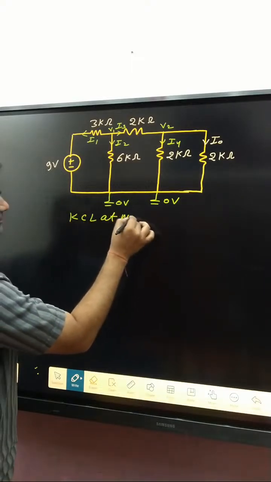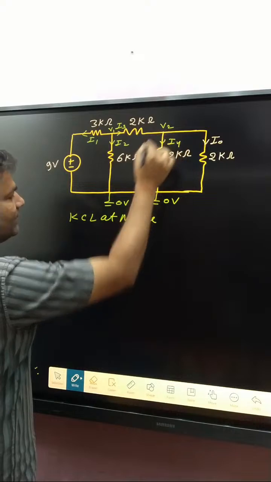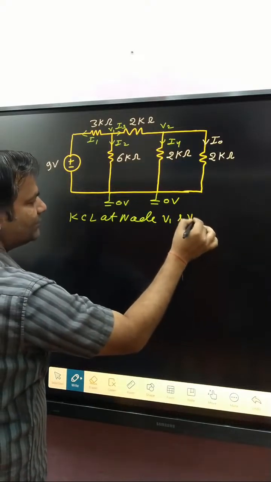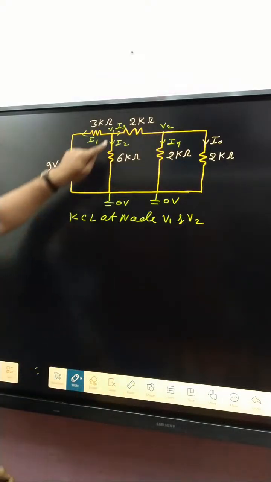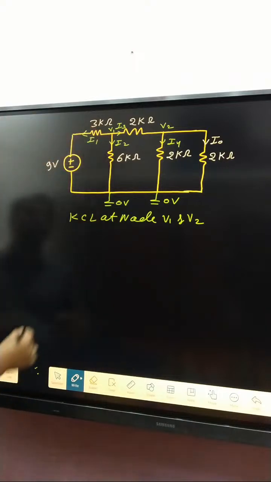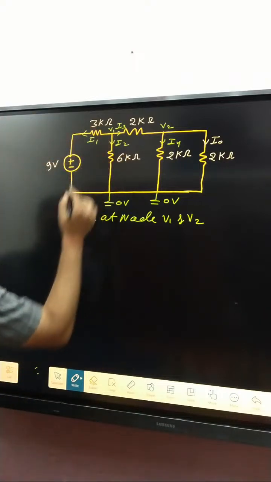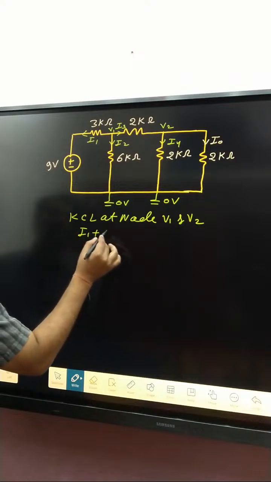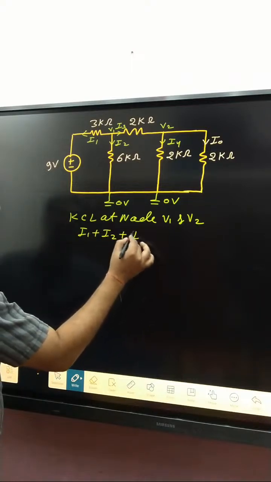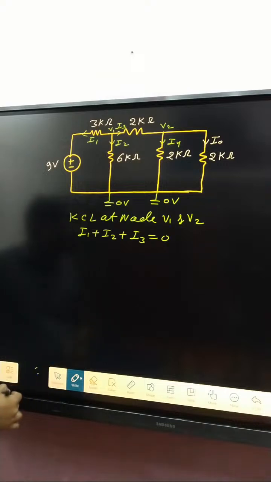At node V1, if you apply KCL, there is no incoming current, all currents are going out. So I1 plus I2 plus I3 is equal to 0.